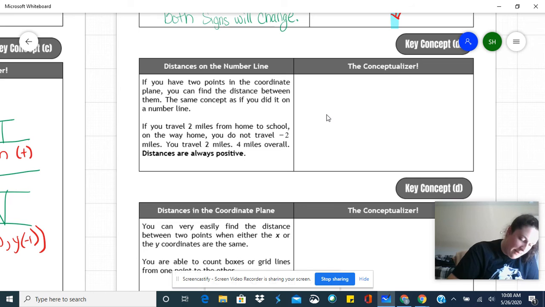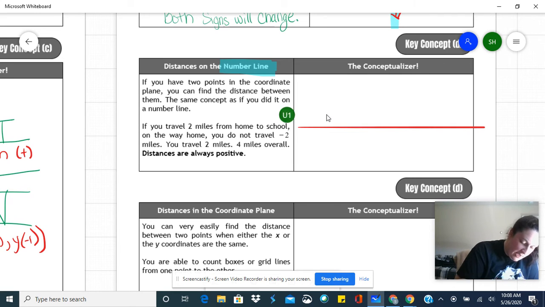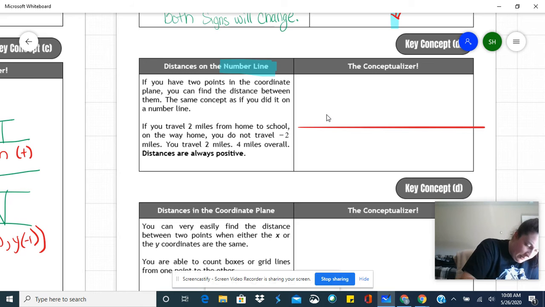So we will get to that. So when you're talking about distance on the number line, you are talking about a physical number line. Here's my line. Start at -5.